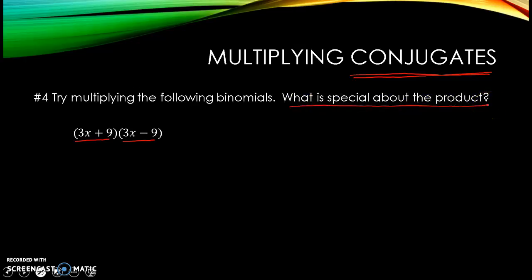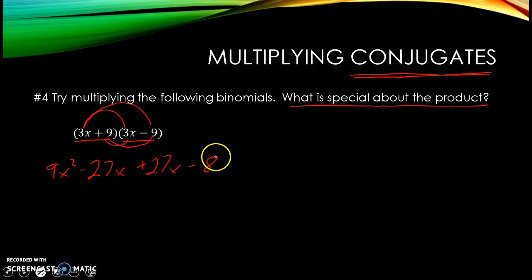And so let's go ahead and multiply this together and see what happens here. We're going to start by taking 3x times 3x, which is 9x squared. 3x times negative 9 is negative 27x. When I multiply my inside terms, it'll be a 9 times 3, which is a positive 27x, and 9 times negative 9 is negative 81.